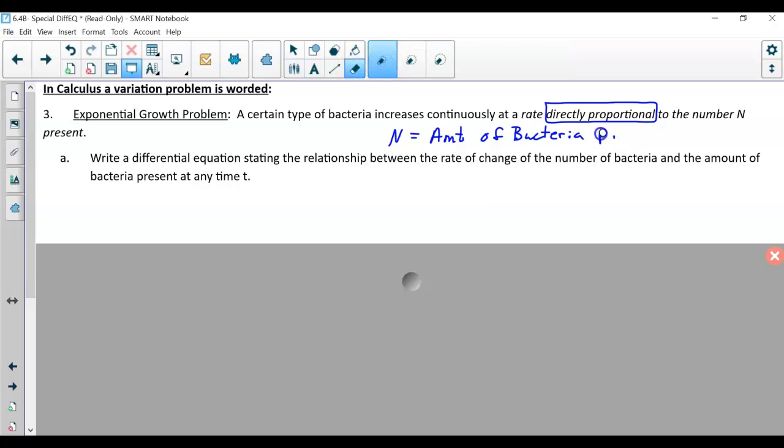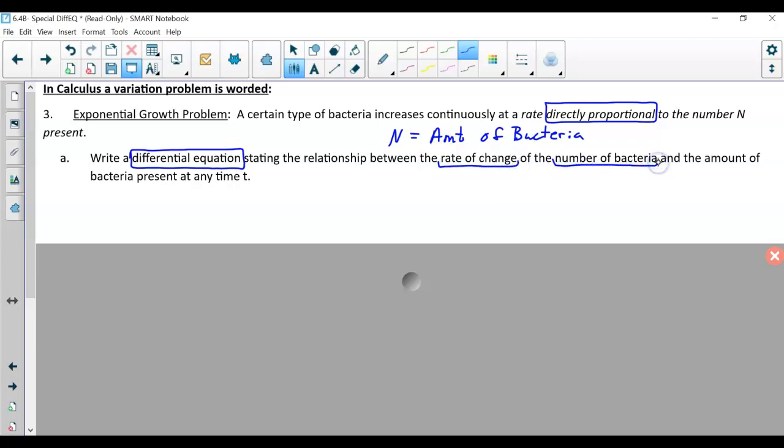It's the amount of bacteria at any time. Okay, I'm just going to call it that. It's the amount of n at any time. But we want to write a differential equation stating the relationship between the rate of change and the number of bacteria.